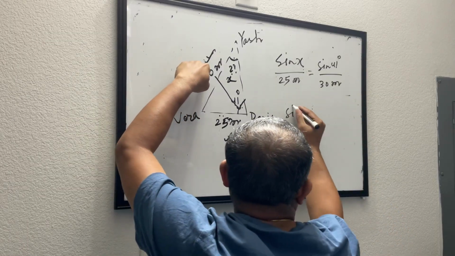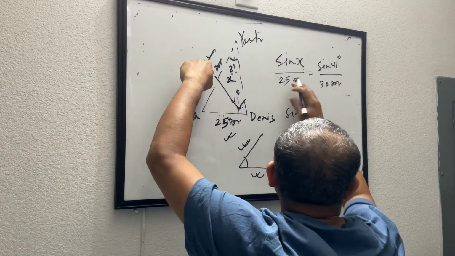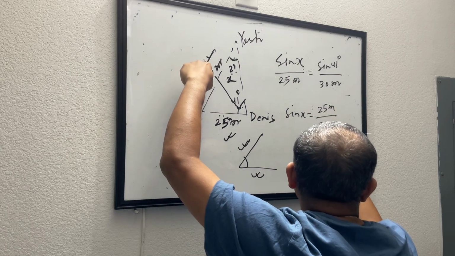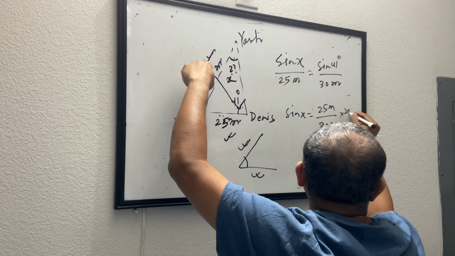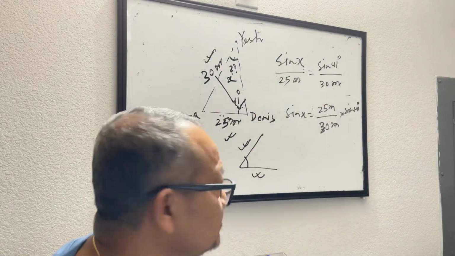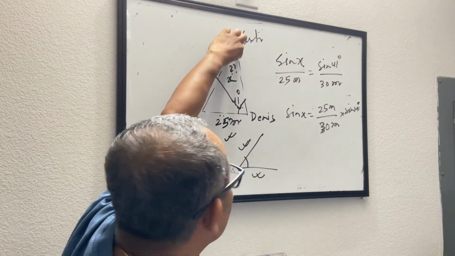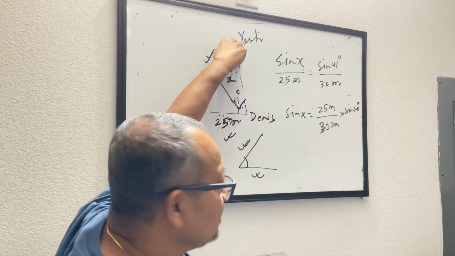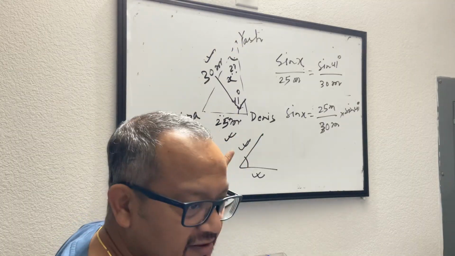So sine of x equals 25 meters by 30 meters times sine of 41 degrees. Yeah? So you can find out this angle. This is the minimum camera view angle that Yash would need to be able to see both the friends.